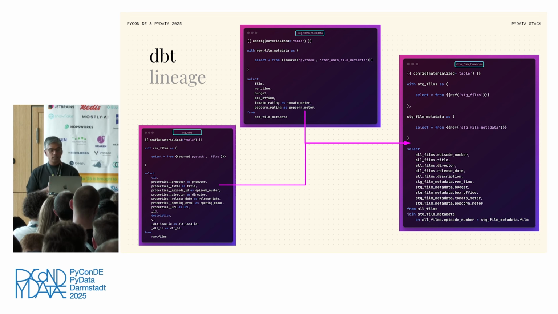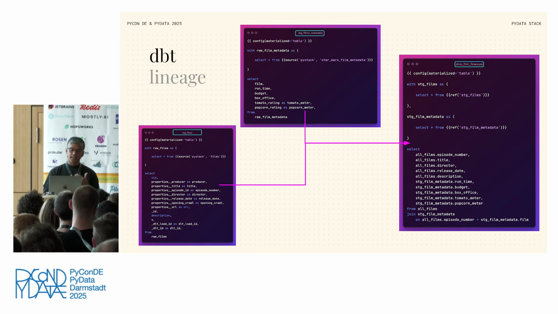I'll quickly go through this. This is how you set up a model. It has a config block at the top. It then sets up the relationships from the source tables, and finally it has the actual transformation logic in SQL.